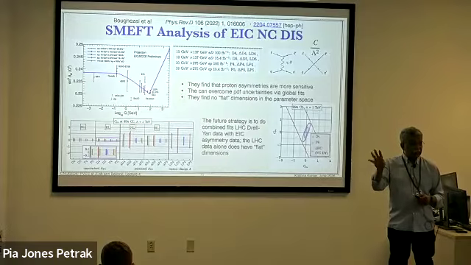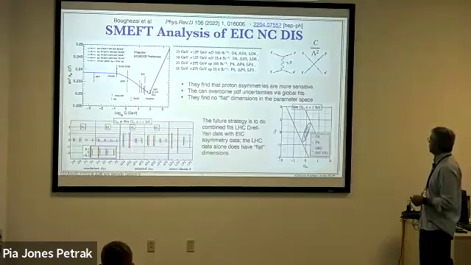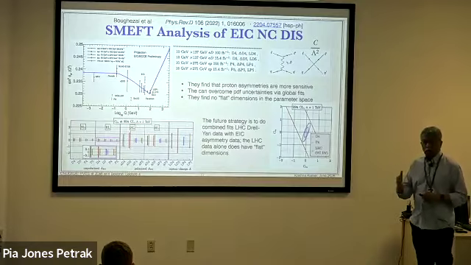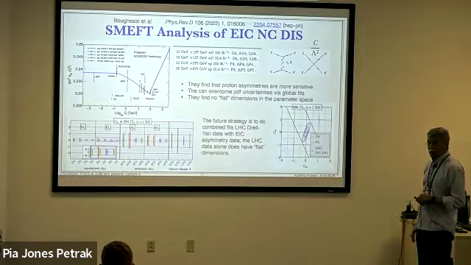I won't go through this, but they were able to show that there were regions of parameter space in these new 4 Fermi coefficients, the C here, where they are complementary to LHC. A lot of this is coming from LHC Drell-Yan.